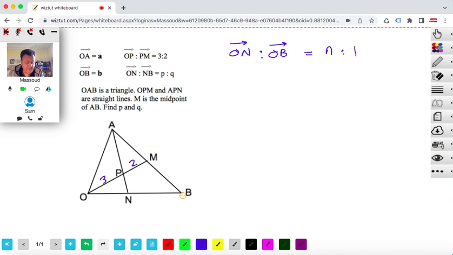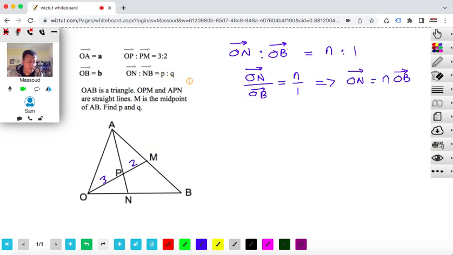That makes it easier, because ON over OB is the same as n to 1, which simply tells me that ON is n of OB. So n is going to be a fraction, because ON is part of the whole thing. Once we find that fraction, we can find what P and Q would be.